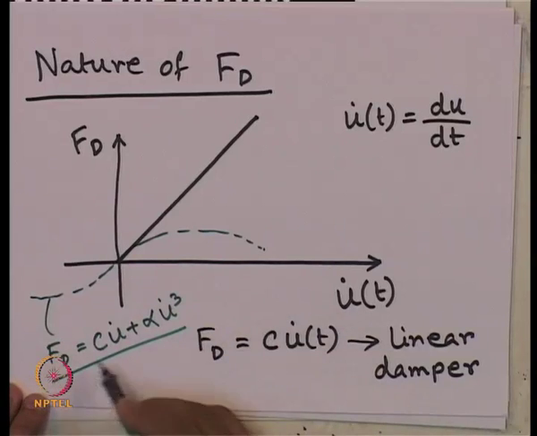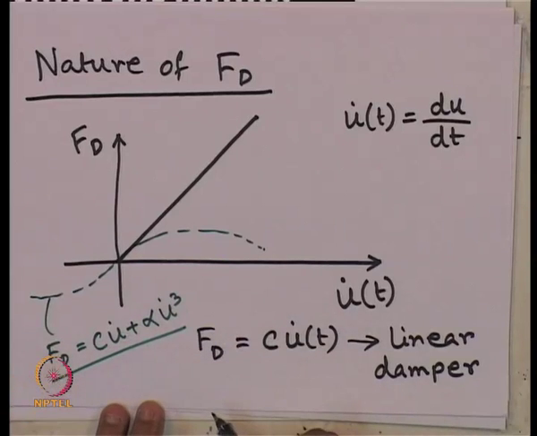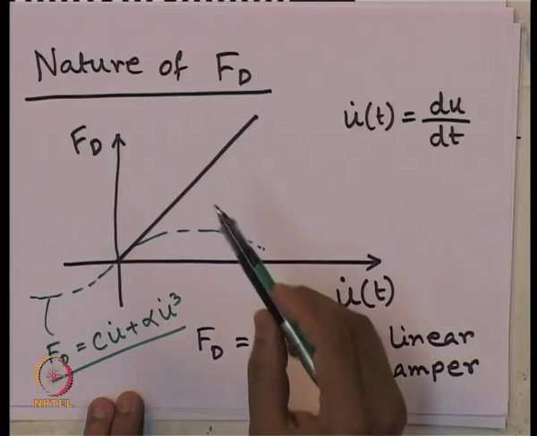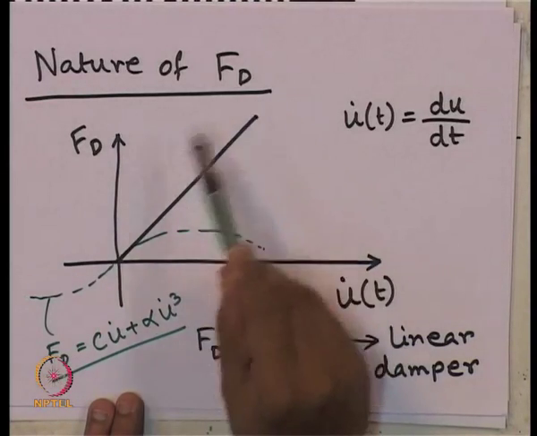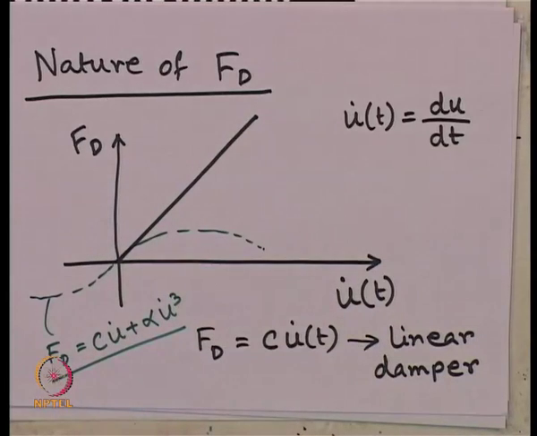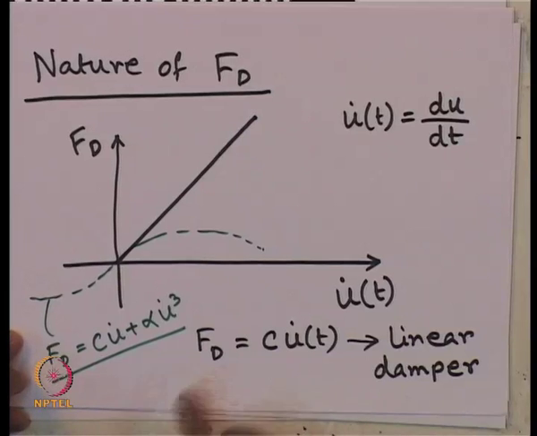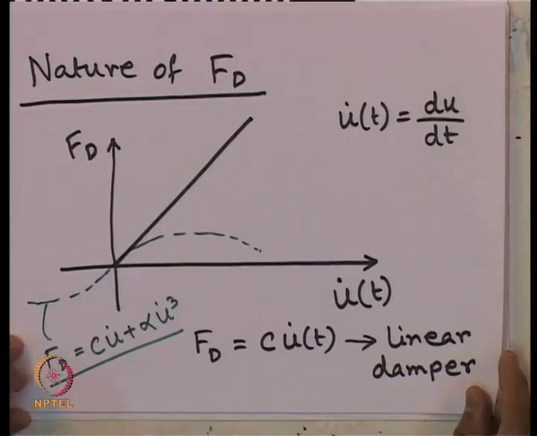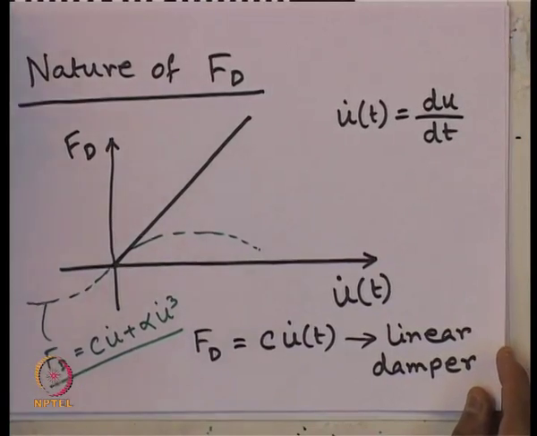Then we cannot use the linear damper equation so easily for our model. So, we have to be careful what type of variation of each of these forces, F s, F d and F i, is considered for a particular model or system when we are analyzing a dynamic problem.